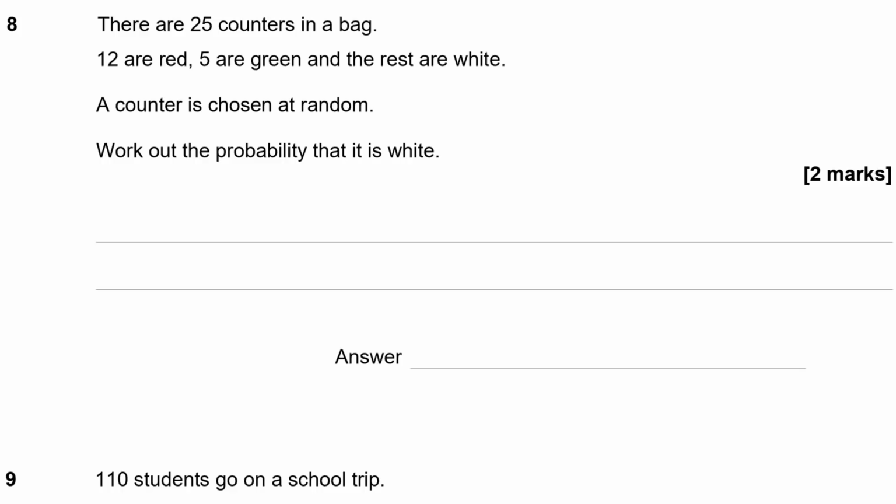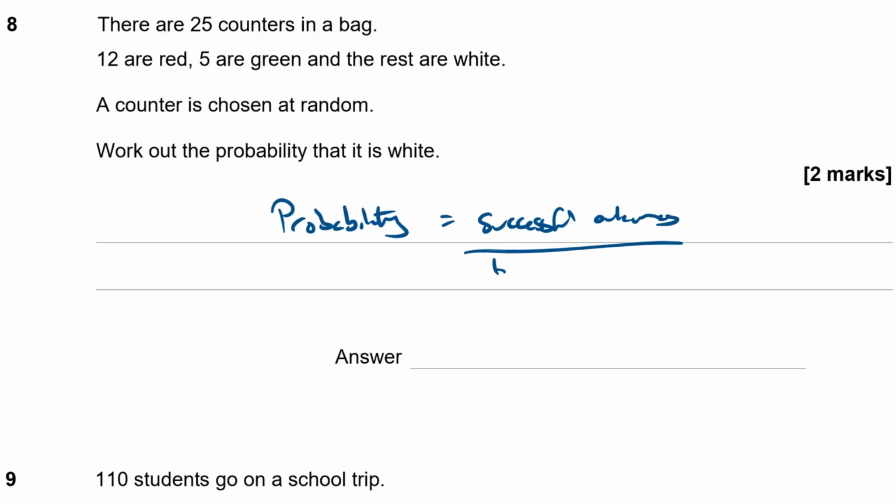Okay, this is the second probability question, and we've already talked about probability in this paper, and the fact that it's equal to successful outcomes divided by total outcomes. So how many different outcomes have we got? Well, there are 25 counters in the bag, so the total number of outcomes that are possible is 25.